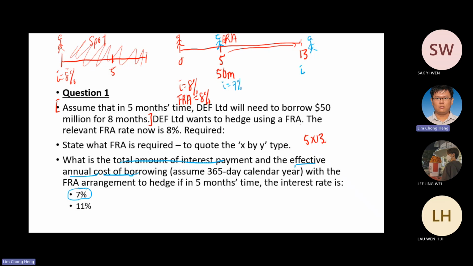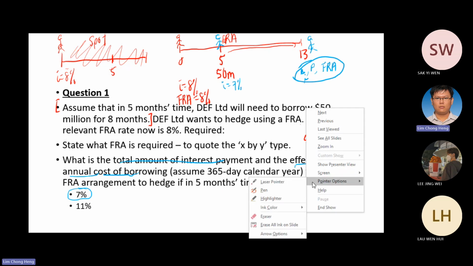You need to pay the interest, and you need to pay the principal, and then we look at the FRA. At the end of the contract, this is what you need to settle.